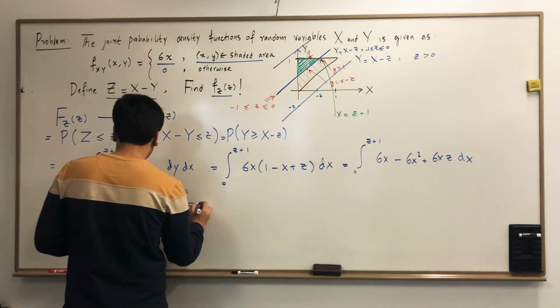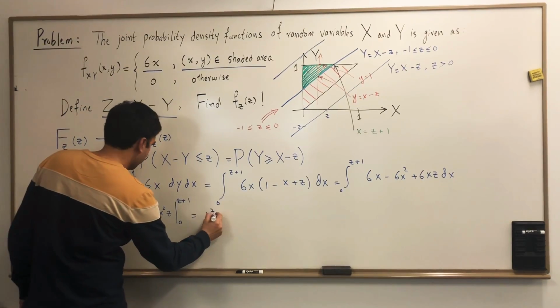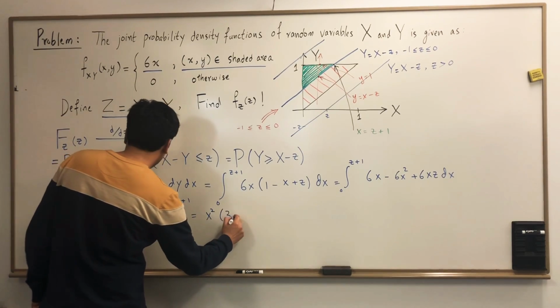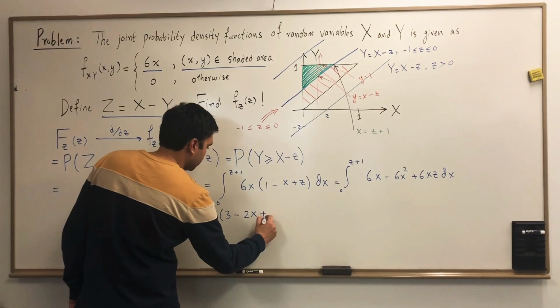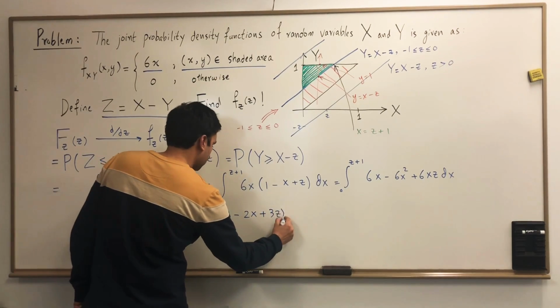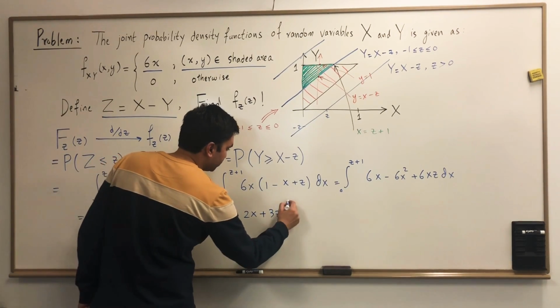So this turns out to be x squared times (3 minus 2x plus 3z), and the limits are from 0 to z plus 1.